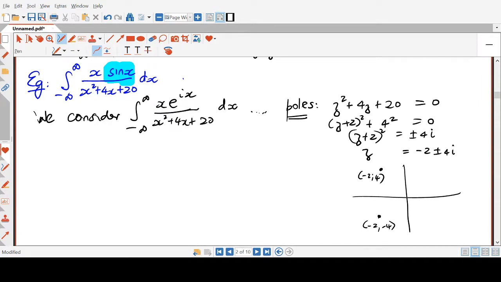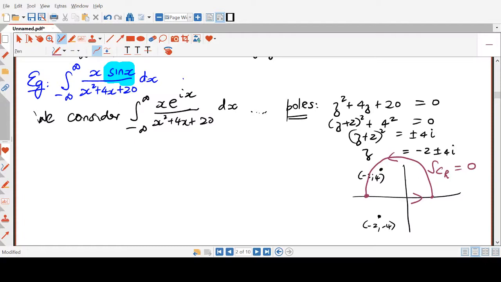That's out of the game. So then it follows that we draw around this a semicircle like that, a contour, because we know the integral along this semicircle is 0.